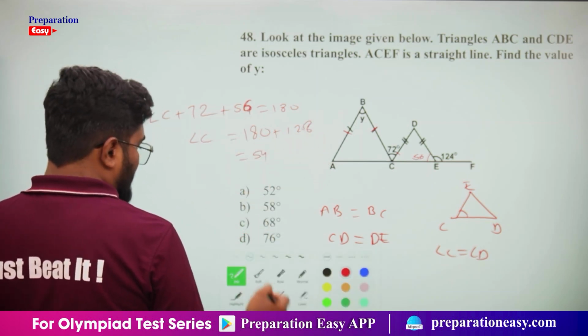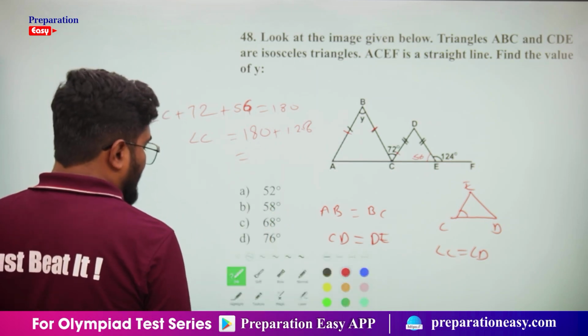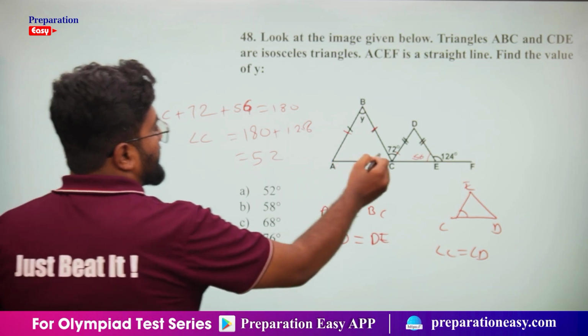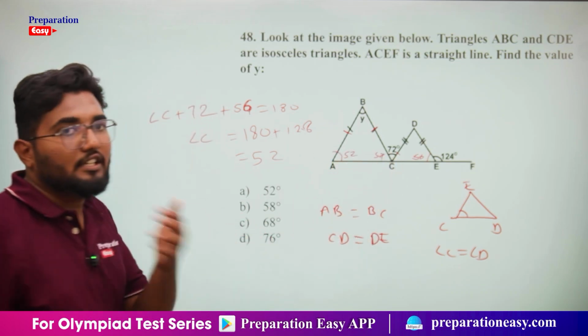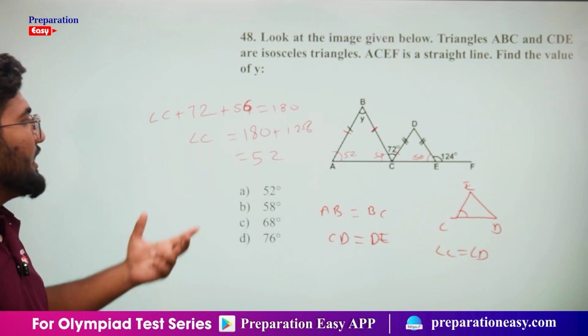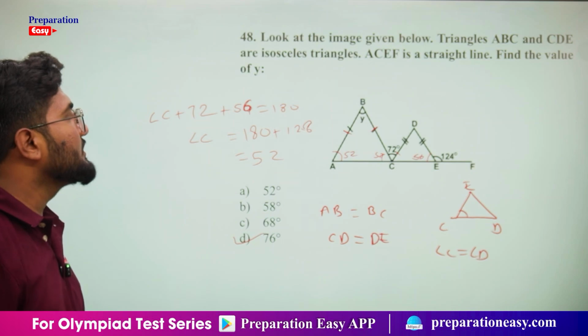So this will become 52. So this angle is 52, this angle is 52, 50 plus 50 is 100, 104. So y would become 104, and 180 minus 104 is 76 degrees.